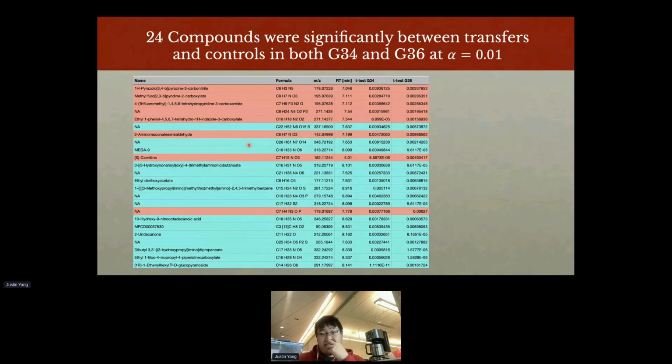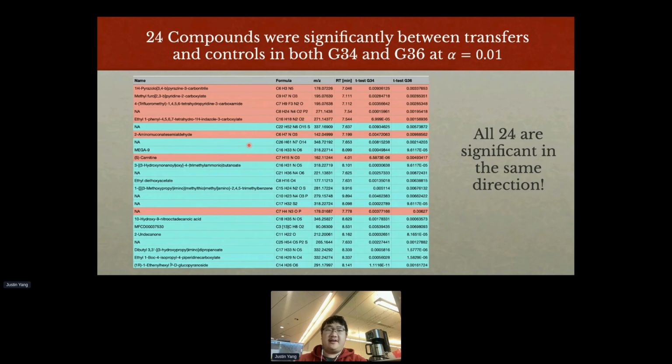Now, what I'm saying is that all 24 of these compounds were significant in the same direction. That means if the controls were higher in one generation, that means it's also higher in the other generation, 36, which is something we did not expect. We expected about half to flip direction, but in fact all of them stayed the same.